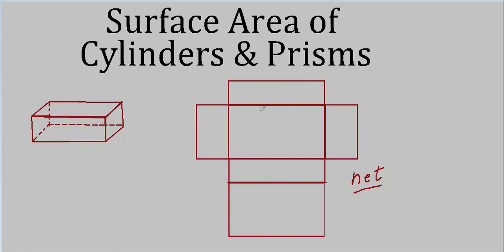That might not be immediately obvious. My advice for getting good at these things on the state exam is just study them. Look at the nets and the three-dimensional and get used to identifying what it is.